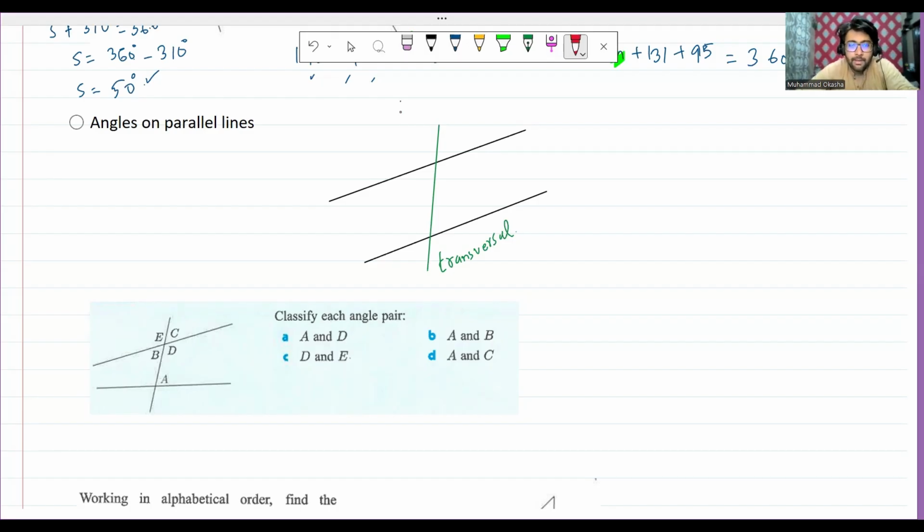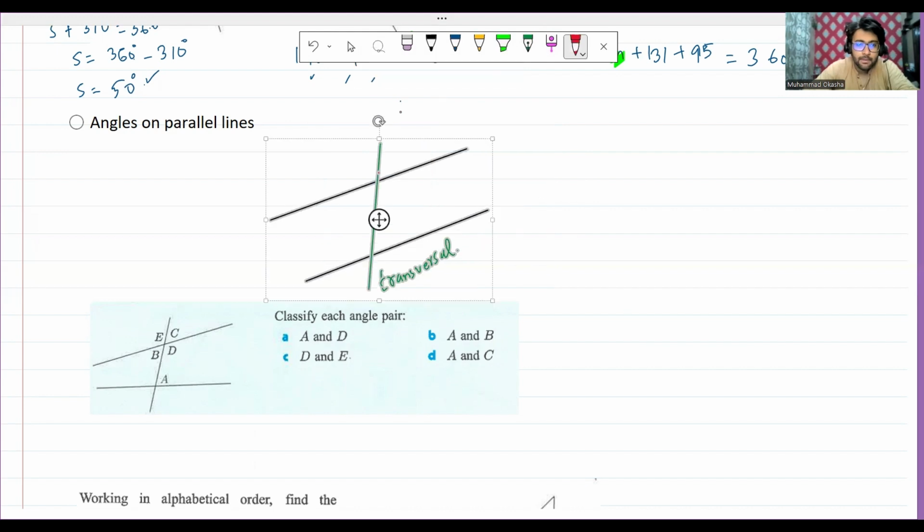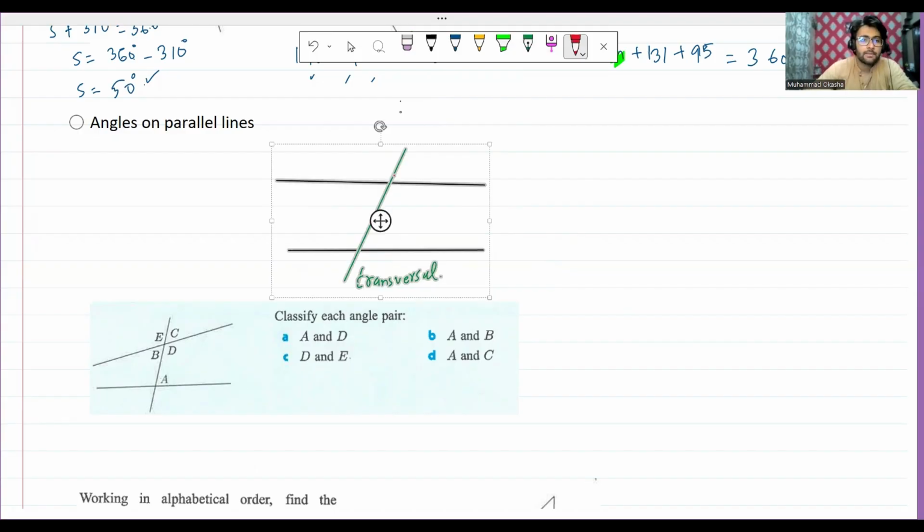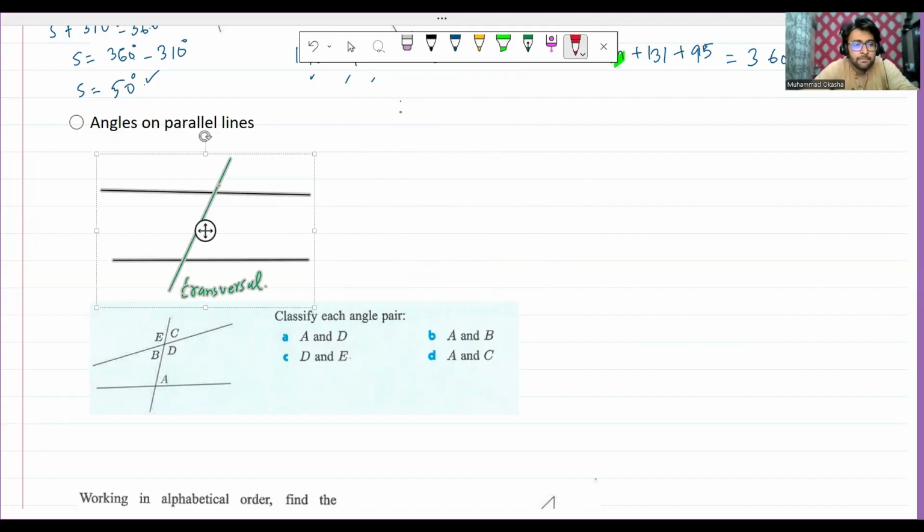You have to analyze it very carefully. The angles that form a Z, I'll tell you what I mean by that. The angles that form a Z are called alternate angles. Let's talk about alternate angles first. We also call them Z angles.